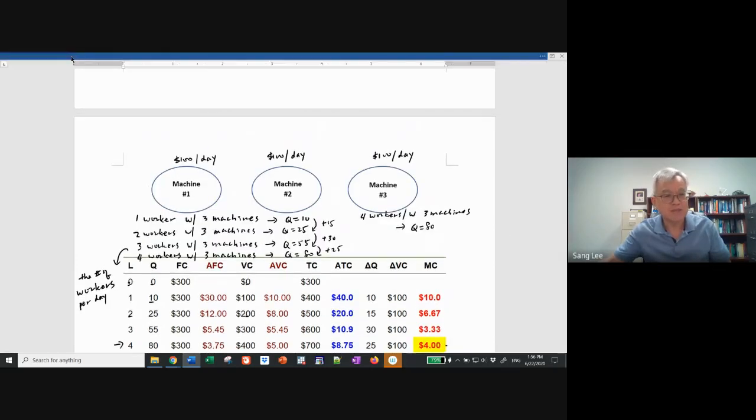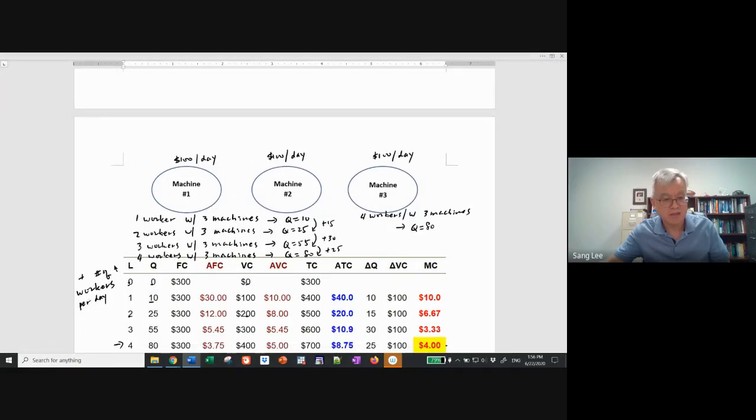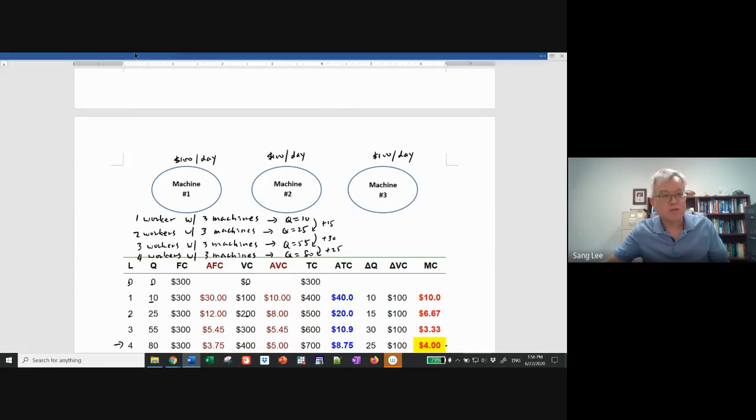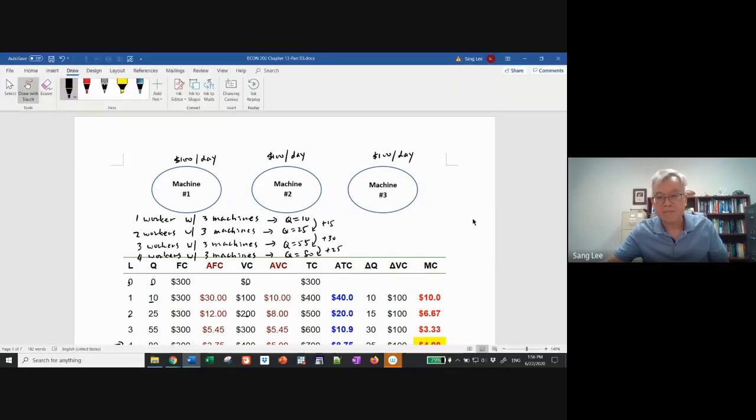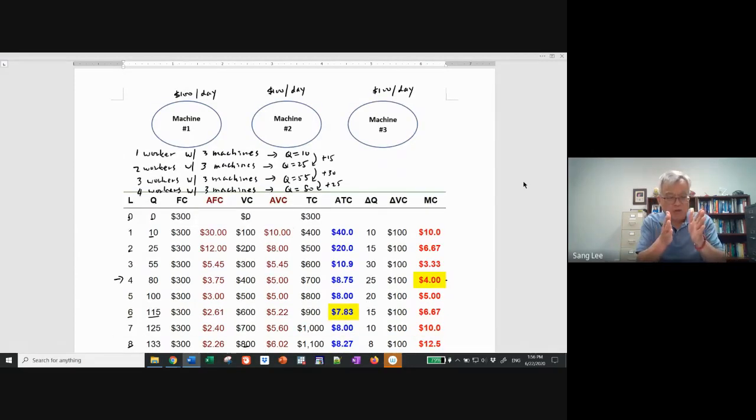Okay, so let me save some space here. Let me use the erase. Okay. So let me explain to you why. When you add a number 4 worker, now there are only 3 machines.